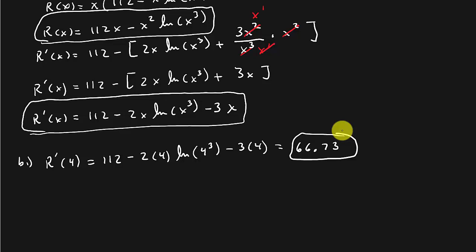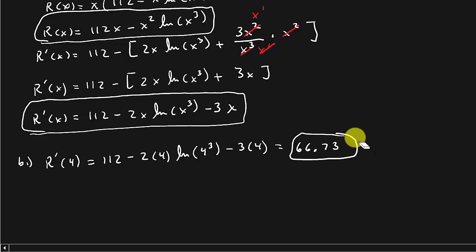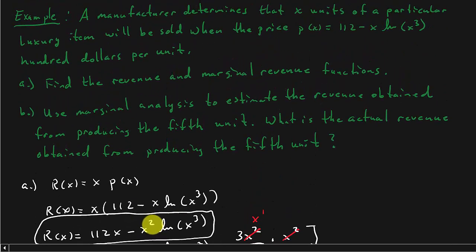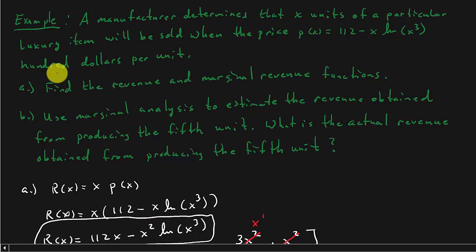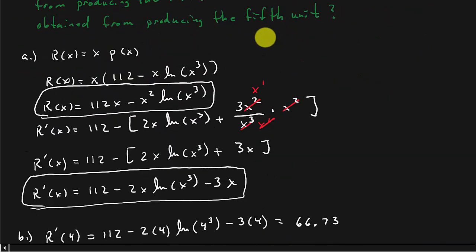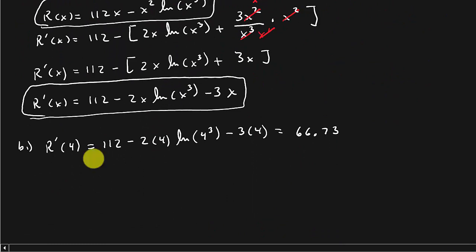Now, look, that's 66.73, and remember the revenue is in $100 per unit. So this would actually be $6,673, because that represents 66.7300, so we move the decimal 2 places to the right.